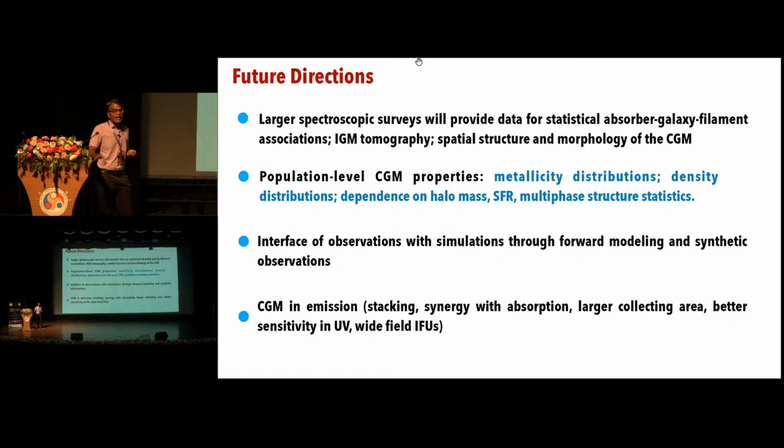Rather than going after idealized simulations and predictions from them and comparing them with observations, now simulations are being prepared to match observations, with similar signal to noise, spectral resolution, survey volume, etc. Simulations are being done so that they produce outputs in terms of column density, covering fraction, equivalent width, etc., which can be directly compared with observations, and that is going to be very useful in interpreting how these baryons are positioned within the low redshift universe with respect to the large scale structure and with respect to individual galaxy systems.